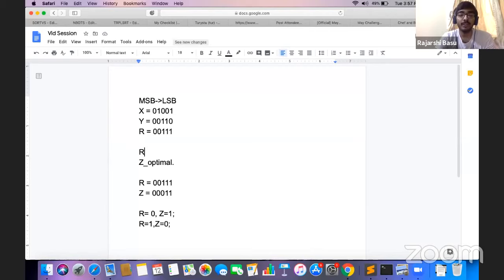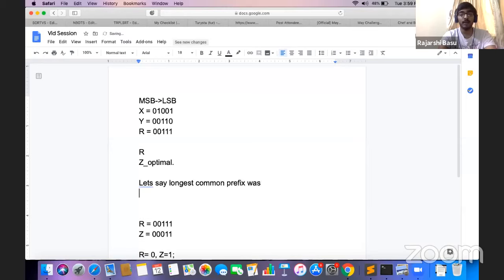I don't know what the longest common prefix between z optimal and r is, but that's why I'm trying to brute force that. Let's say 3 was the longest common prefix. Then what is the best f(x, y, z) we can get?